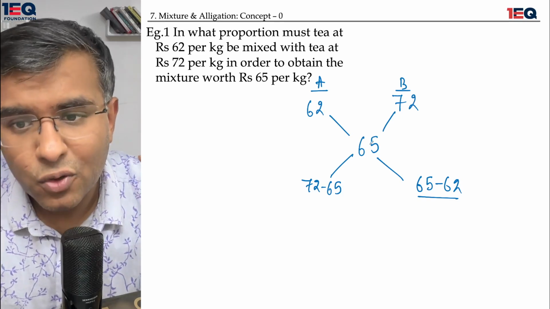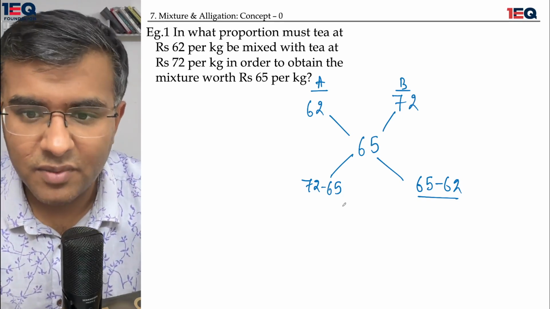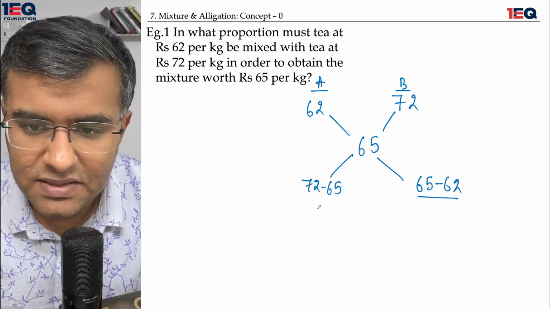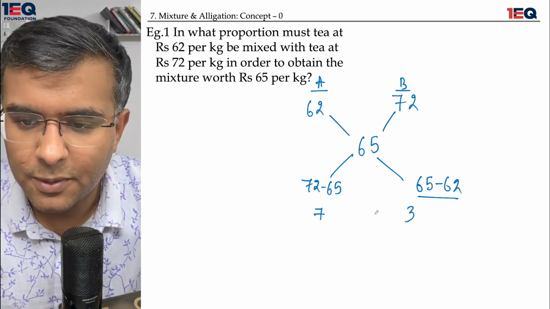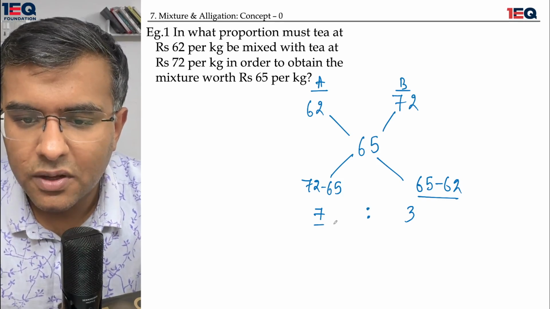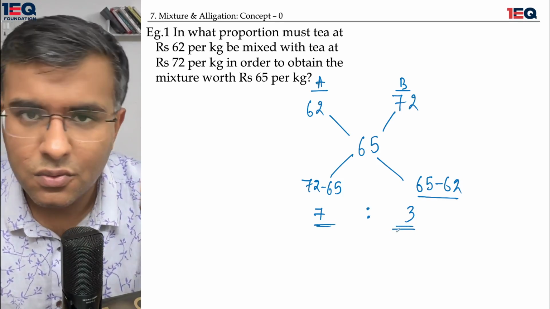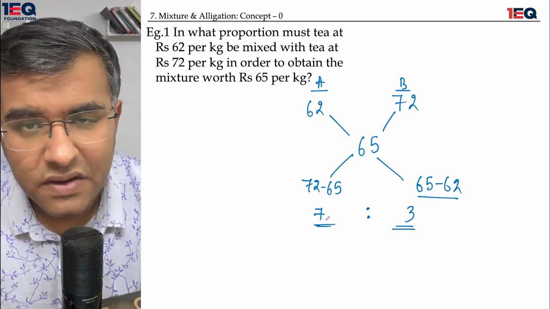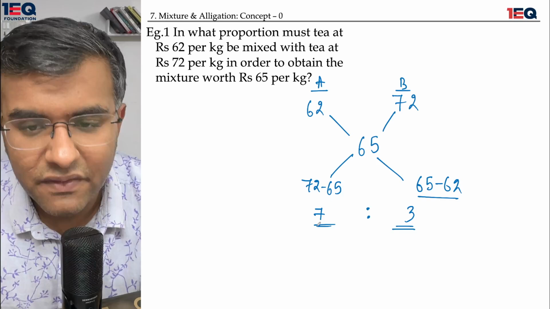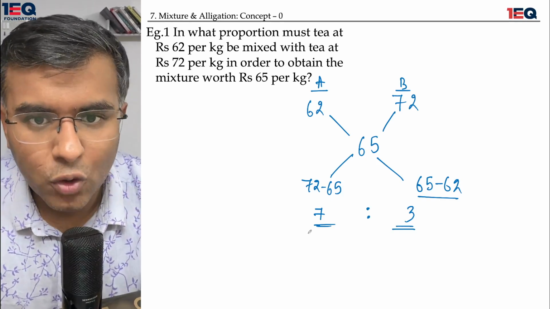Similarly, 72 minus 65 is also valid because it will give me a positive answer. 72 minus 65 would give me 7, and 65 minus 62 will give me 3. So the ratio that I was looking for was 7 is to 3. I hope you got it.